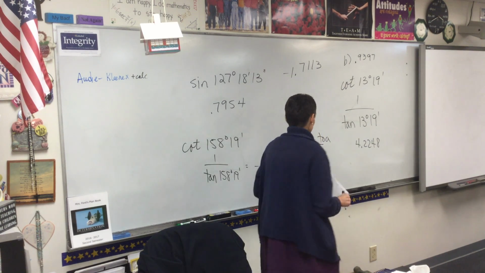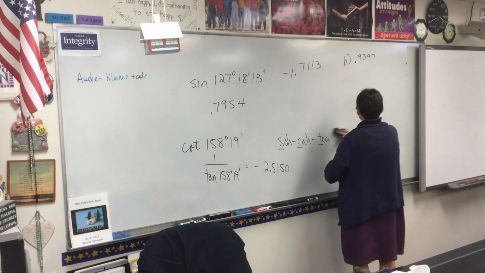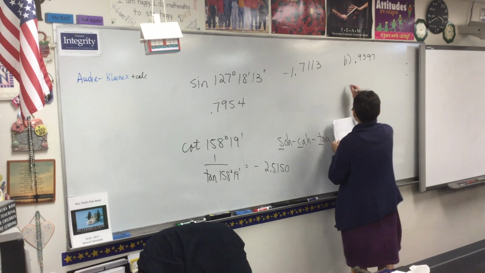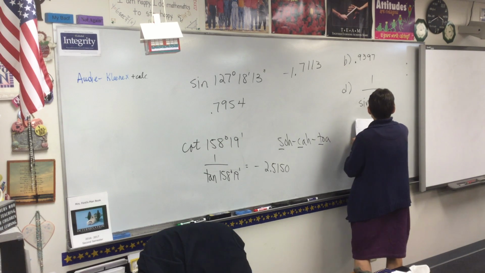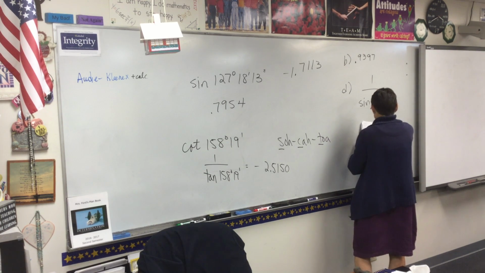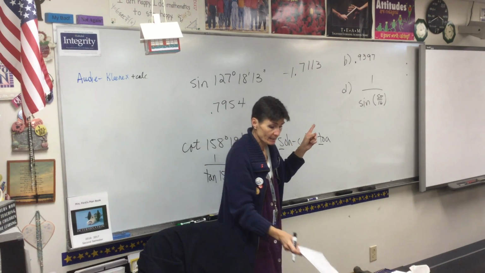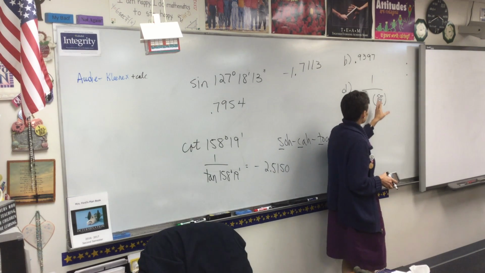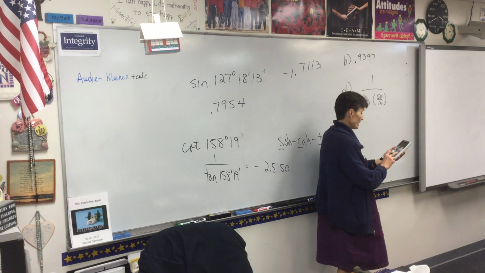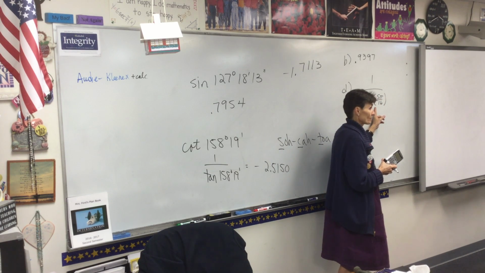Now, before you get carried away with D, kids, how am I going to put a cosecant into my calculator? 1 divided by sine. Cosecant is 1 divided by sine. Now notice, the minute you do 1 divided by sine, a parenthesis comes up, right?